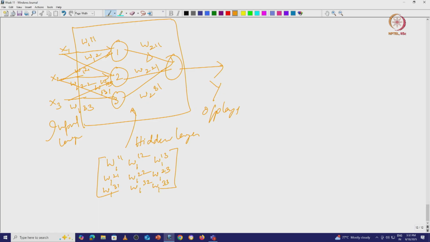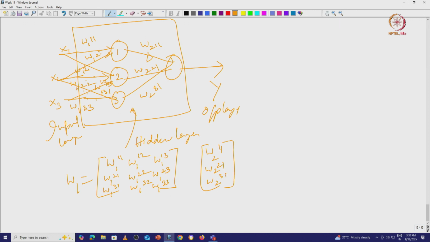You can see here 1, 2, 3, 4, 5, 6, 7, 8, 9, 9 weights, and this will be the weight matrix for input to the hidden layer. For hidden layer to output layer, the weight matrix will simply be W211, W221, W231.